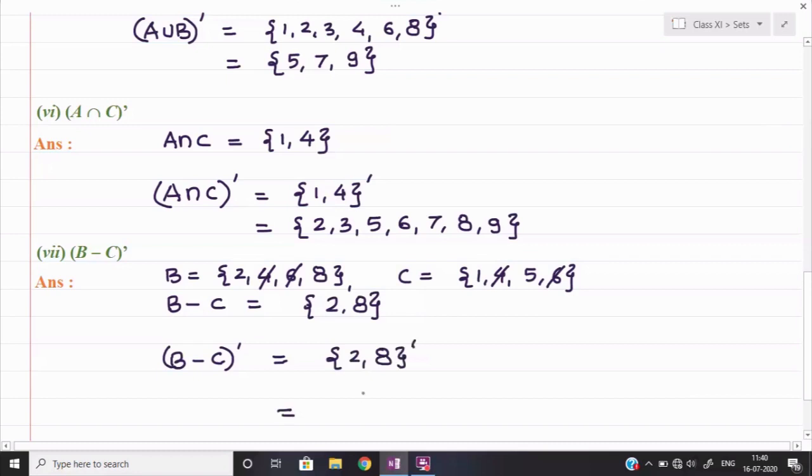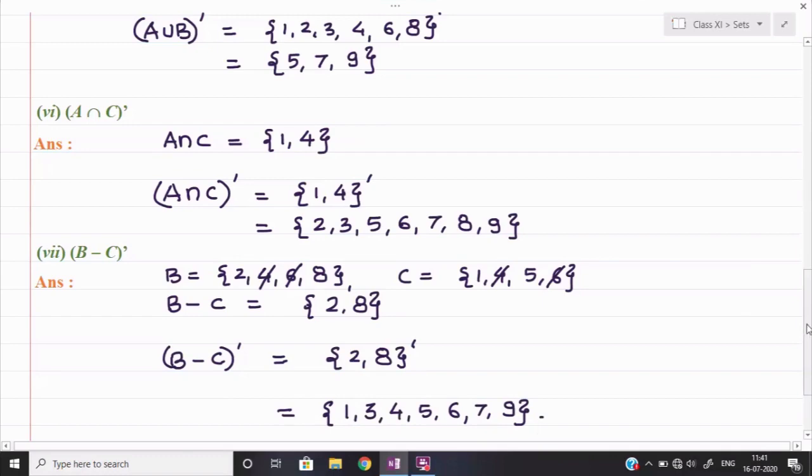Okay, so here 2, 8, because now since I am finding the (B − C) complement, so the elements of B − C I will subtract from the set U. So who are the remaining elements of U in that case? If I subtract 2, 8, remaining is 1, 3, 4, 5, 6, 7 and then last one is 9. This will be the value of (B − C)'.